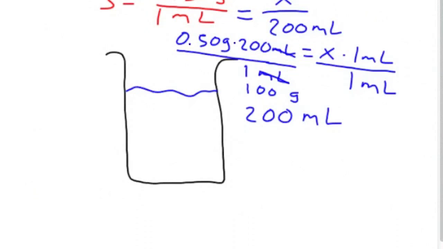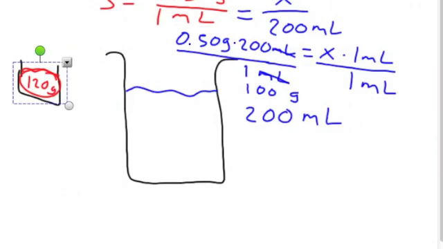Let's say you have a container of solute, and here's this red solute that has this solubility of 0.5 grams per milliliter. In this particular sample, let's say you have 120 grams.